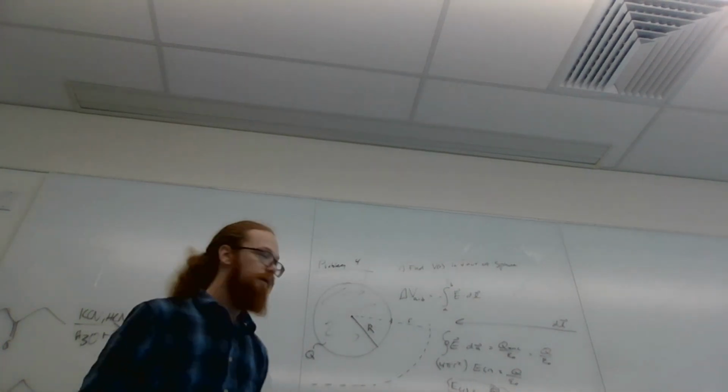I plug that in. That is a 1 over r squared integral. So I'm going to get minus Q over 4 pi epsilon naught. The 1 over r squared integral is going to take us to minus r to the minus 1, so minus 1 over r, from infinity to r. Which is going to be minus 1 over r minus 1 over infinity, which is 0.